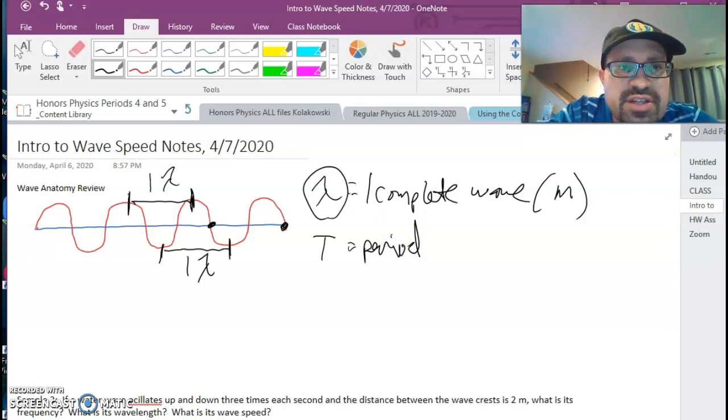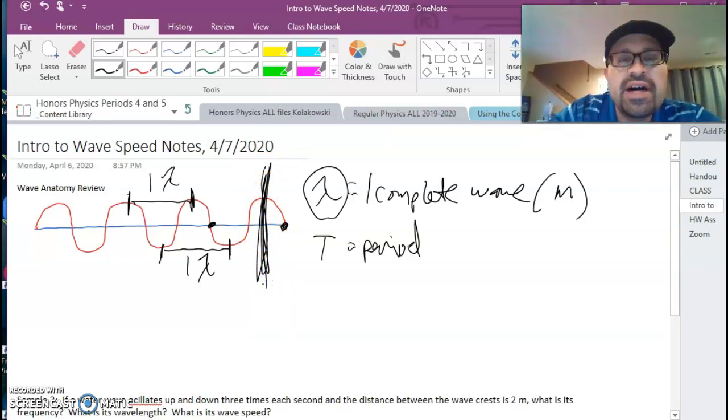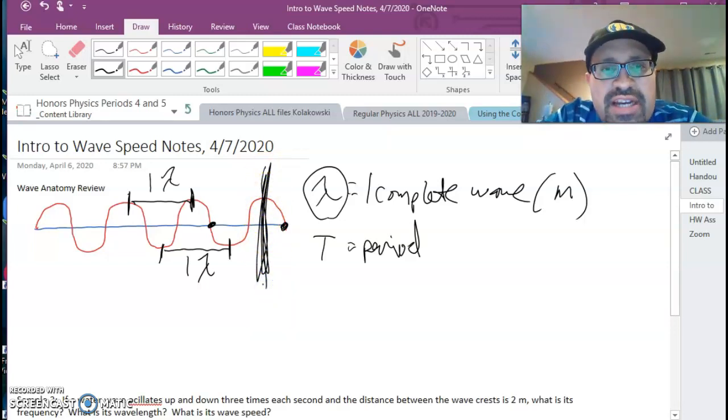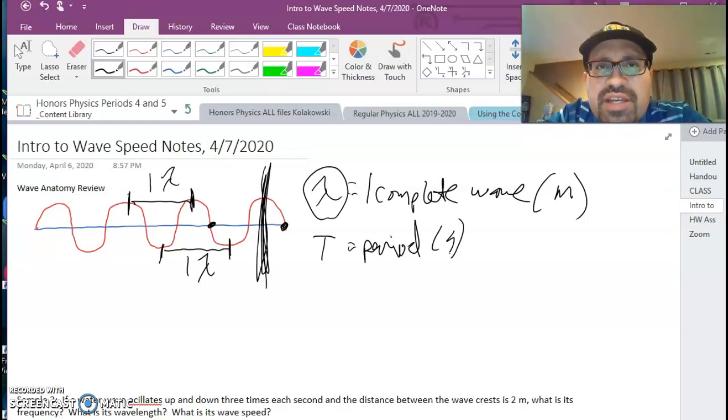So if you could imagine there's a point in space, let's say right here, as the wave is going left to right, and if you had a stopwatch, you could time how long it takes for one complete cycle of the wave to do its thing. This is measured in seconds, and what's significant about that is we're going to connect this into wave speed in just a few moments.